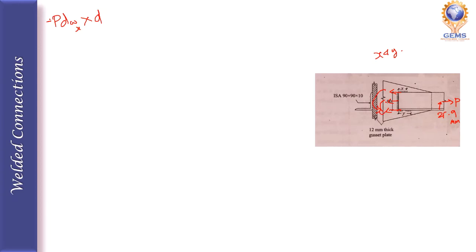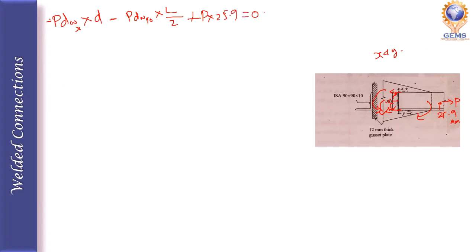It will also act as a minus, so it is minus P_w into 90 into L by 2. Then we have the P load, which acts in the clockwise direction, so plus P into distance 25.9 is equal to 0.